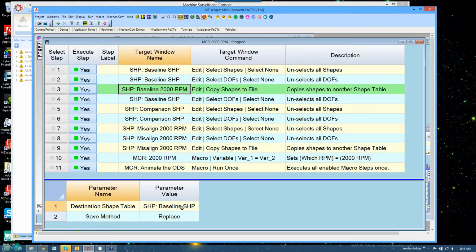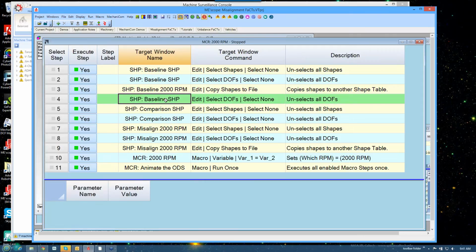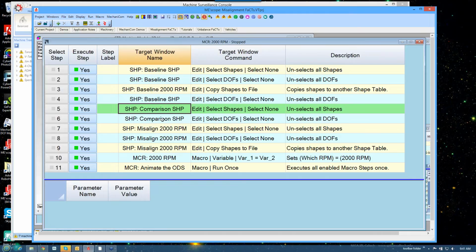You can see the parameter down here, destination shape table. I want to replace whatever is in the baseline shape with data coming out of the baseline 2000 RPM. That's a different shape table that basically has the aligned case in it. And then I'm going to select no DOFs. Remember, with the shape tables we're going to look at motor and bearings versus a base plate versus all the DOFs by selecting DOFs.